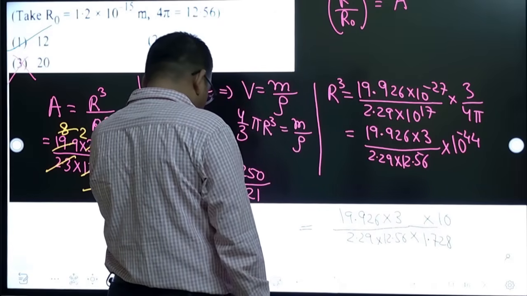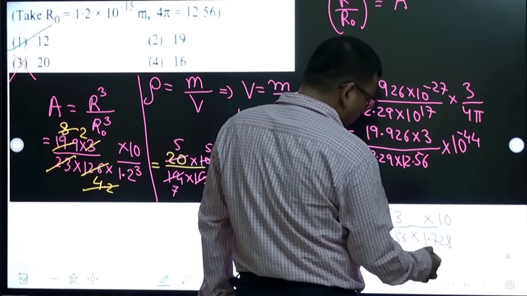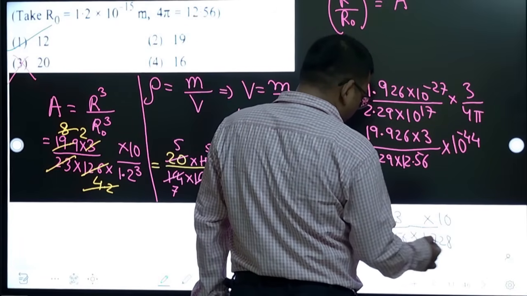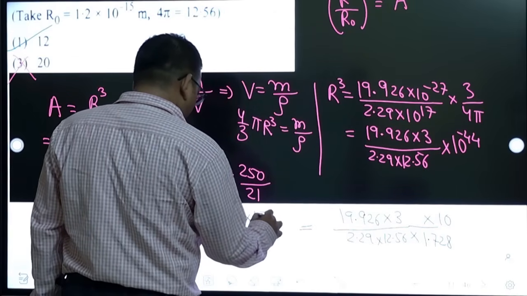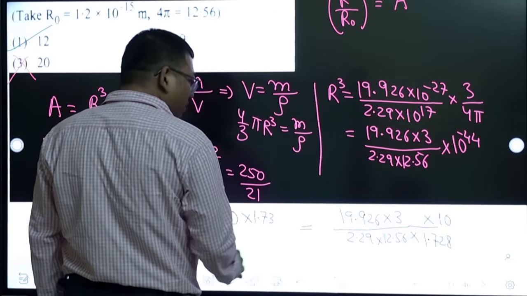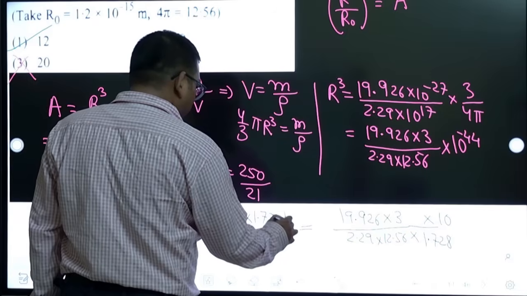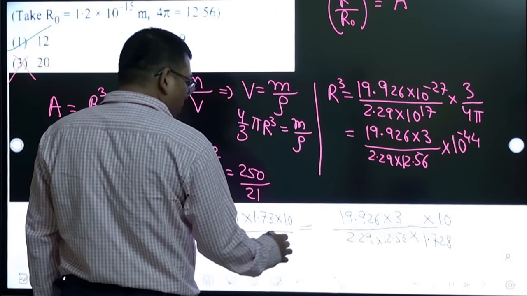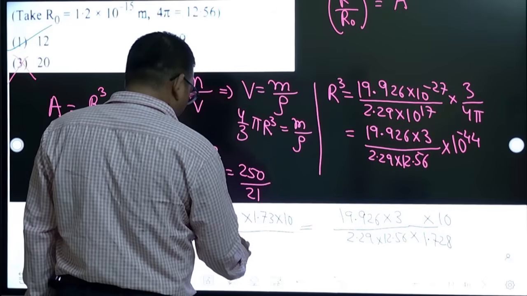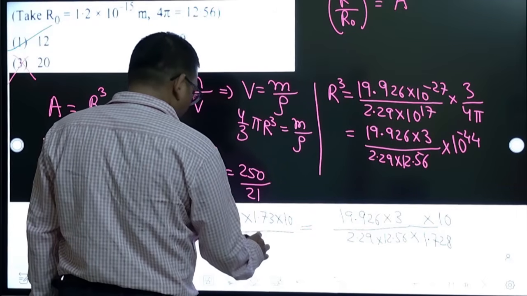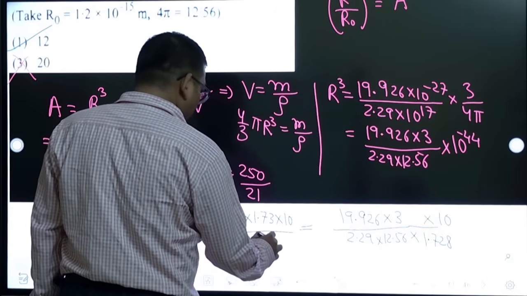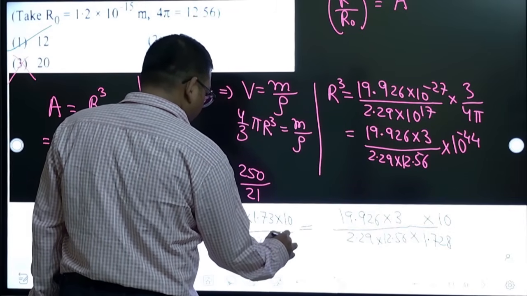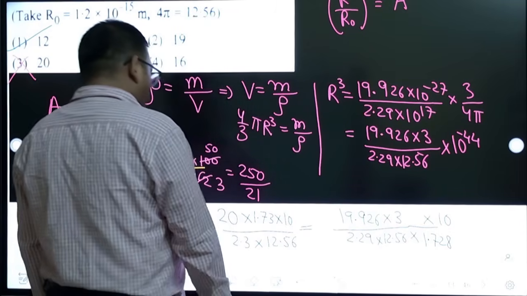Okay, so suppose if I take almost like root 3, so might be 1.73 factor can come in the numerator, and then this is extra 10. Okay, then this factor 2.29 I take as 2.3, and 12.56 I keep it as it is, 12.56.